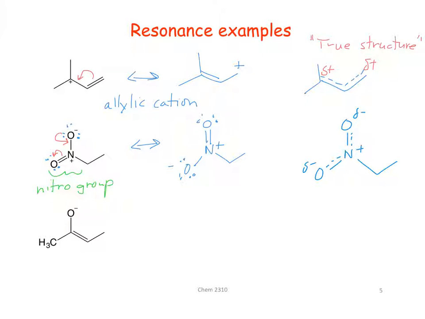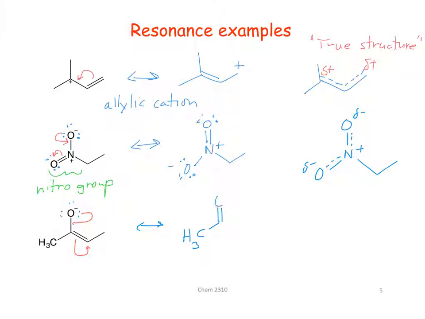Okay, so let's look at one more. All right, so here we have 3 pairs of non-bonding electrons on this oxygen. Let's neaten that up a little. And so just like the case above, we can donate these electrons, and then the pi electrons are going to go to the next atom, which is a carbon.